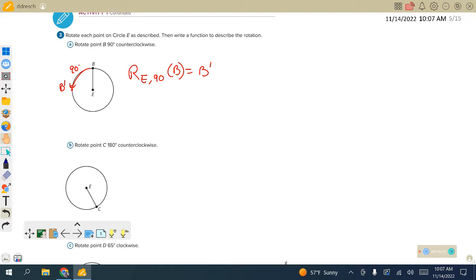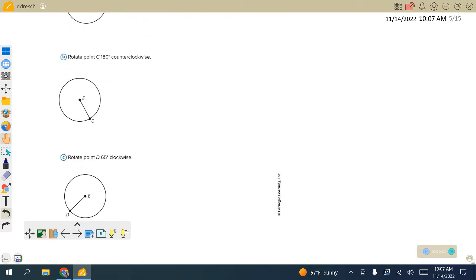Okay. Take the other one there and run that below that. Do me a 180 counterclockwise, and then write me the rule for that one. So where's that C prime going to be located?